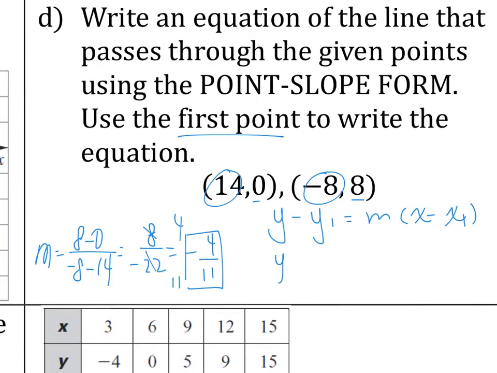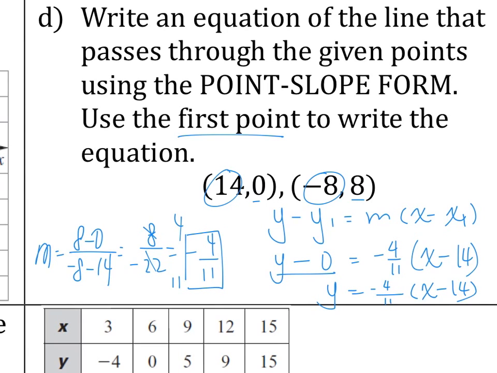So y minus 0 equals the slope negative 4 over 11, times x minus 14. So we're going to have to simplify this. y equals negative 4 over 11 multiplied by the difference of x minus 14. And you have your equation of the line in point-slope form.